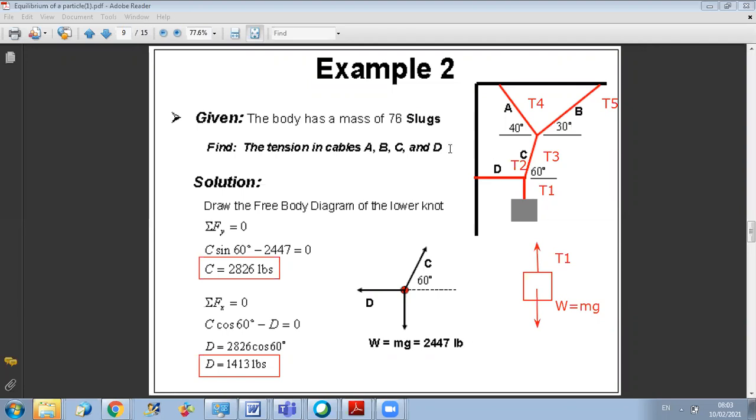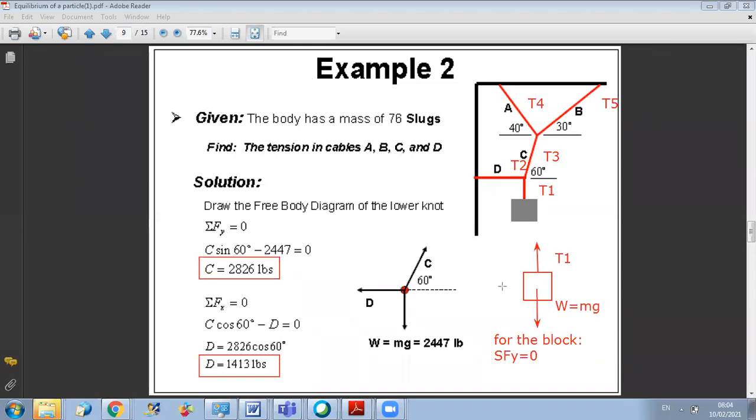Now, from equilibrium of the block, I can write that the sum of forces along Y equals 0, and always specify your directions.